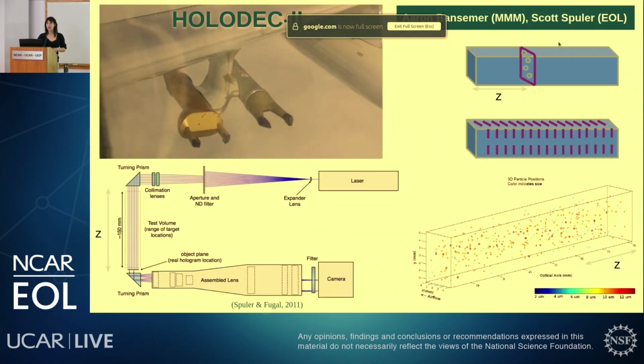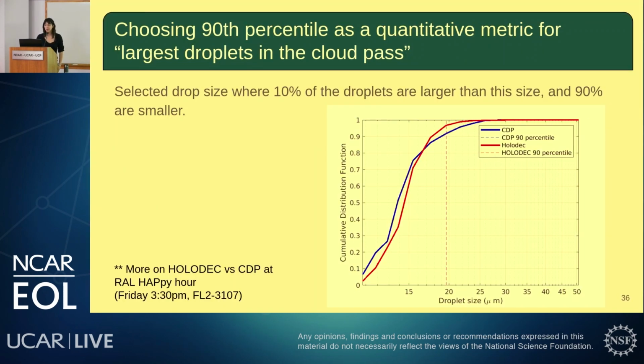Okay, so now we have a 3D distribution of the droplet sizes in the cloud. So I need to pick a quantitative metric to define the largest droplets in the cloud pass. So here we're looking at the droplet sizes on the x-axis and the cumulative distribution function on the y-axis.